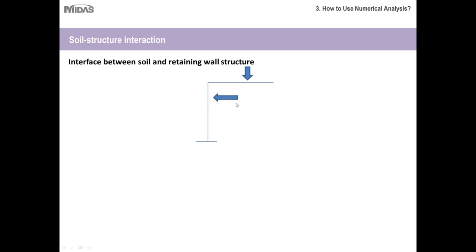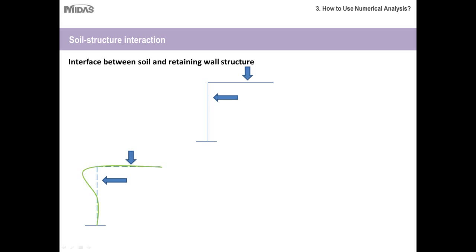So when these forces are acting onto the structure and you are modeling this behavior without considering any interface or without considering soil structure interaction, this is what you will observe. If your active pressure is high or driving forces are high, then you would see that the wall would deform something like this and the soil will follow it.